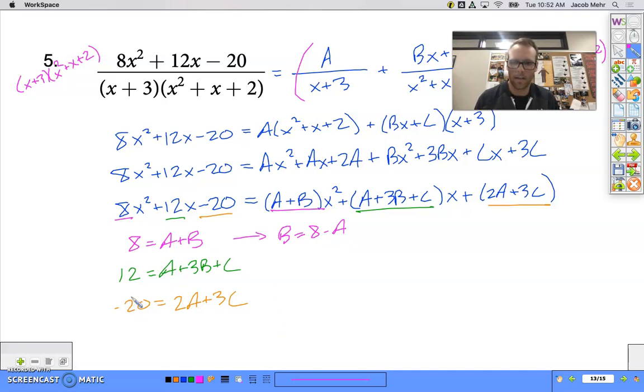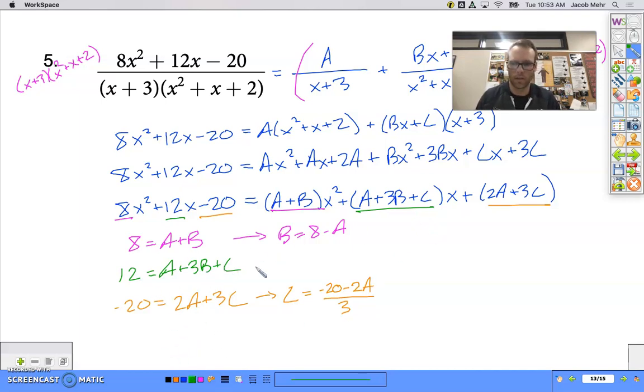On this one, I can solve this for c. C equals, this is actually going to take a couple steps. I have to subtract over the 2a and divide by 3. Negative 20 minus 2a over 3. And because I've solved for b and c on these, I can substitute that into the green equation for b and c, and I'm only going to have a's left.